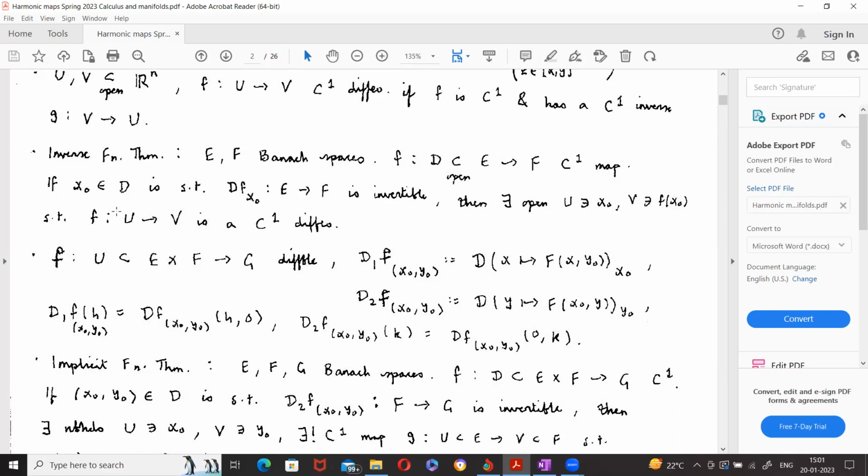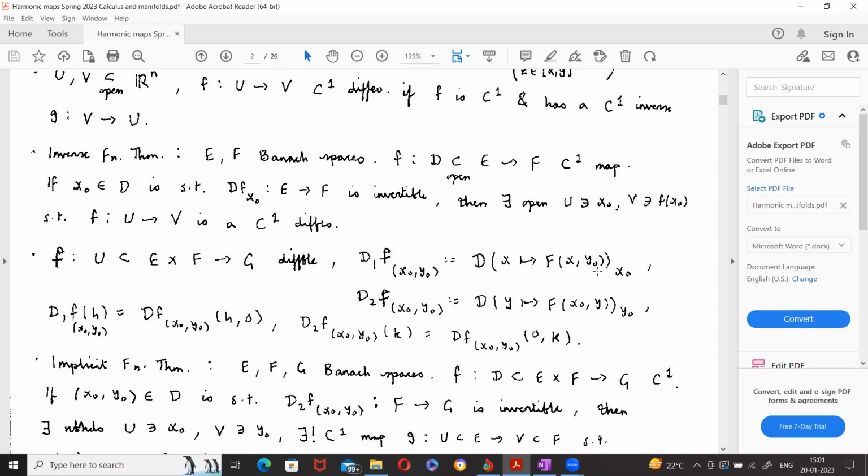Fine. And similarly, let me state for you the implicit function theorem. So the implicit function theorem is for maps defined from a product of Banach spaces E cross F to another Banach space G. If I have such a map which is differentiable, I can define its first and second partial derivatives with respect to the variables in E and F. So the first partial derivative d1f at (x0, y0) is the following.